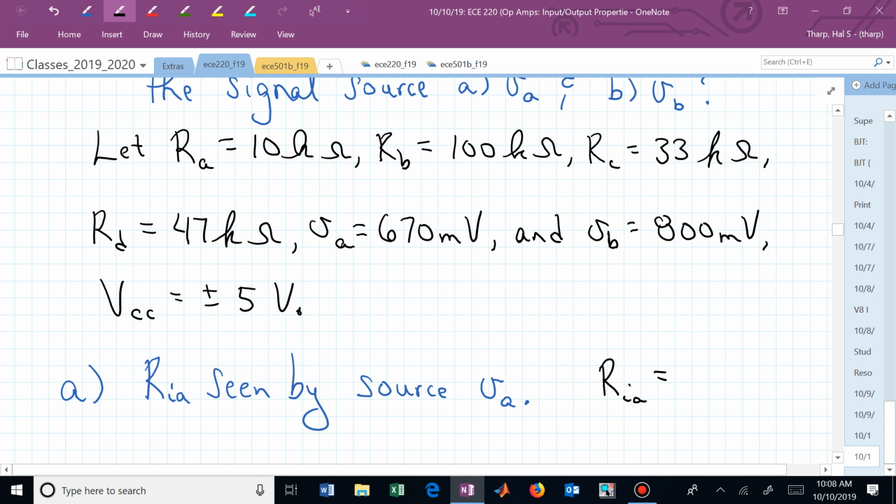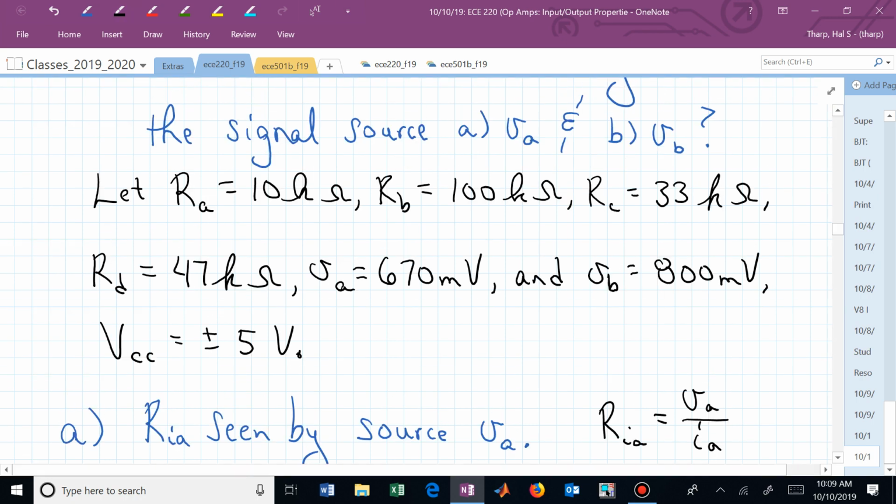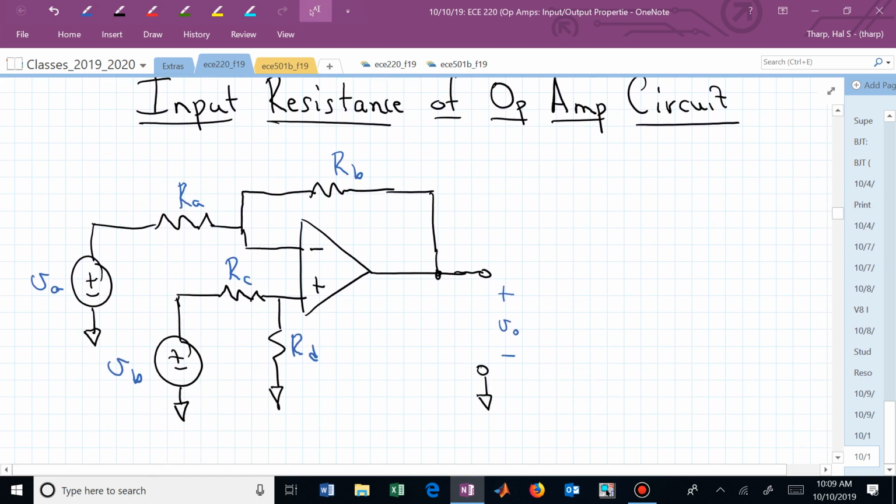What's the formula for R sub I sub A that we've been using all morning? I gave you half of it. Now it's over I sub A. And let's now go back and see what we have here.